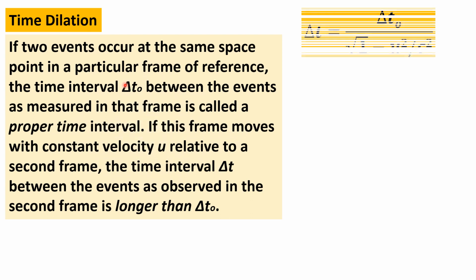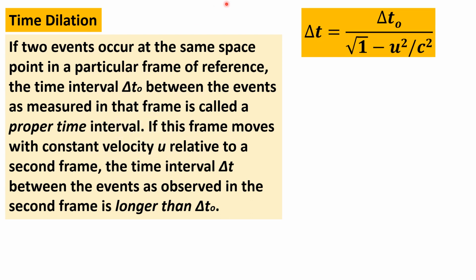So, in the time dilation equation, if two events occur at the same space point in a particular frame of reference, the time interval delta t naught between the events as measured in that frame is what we call the proper time interval.